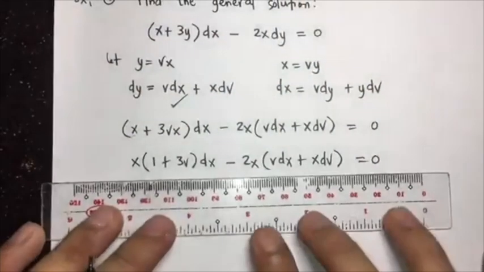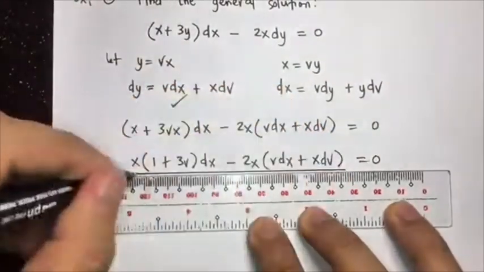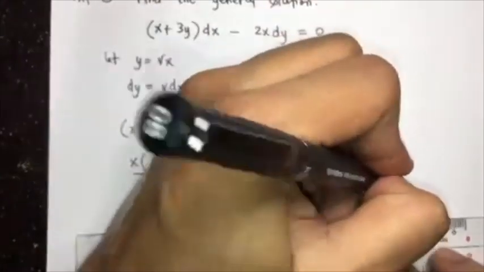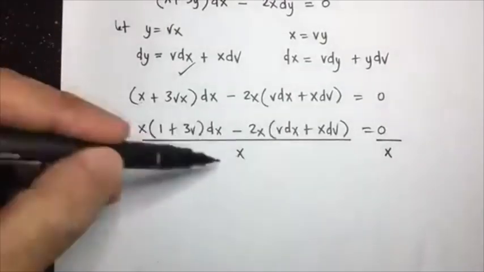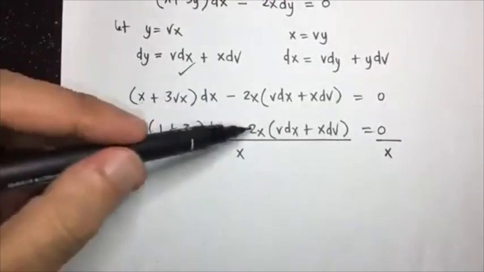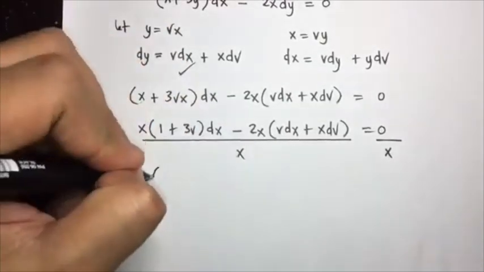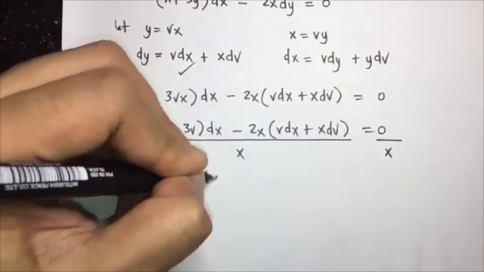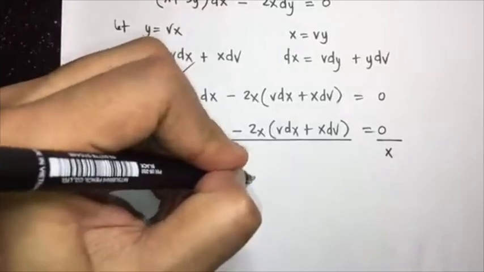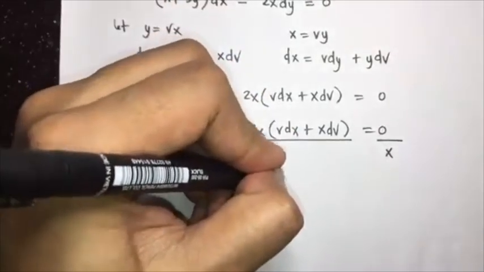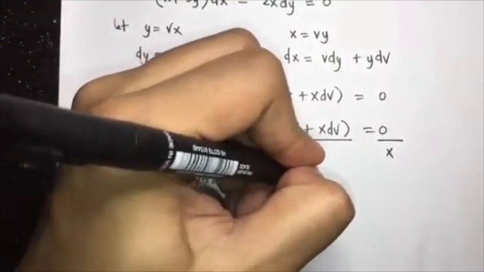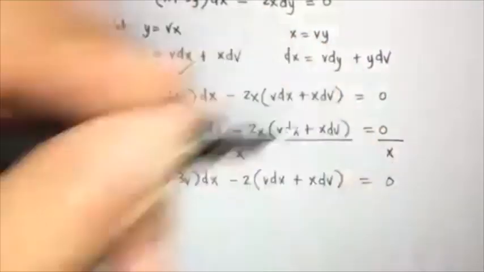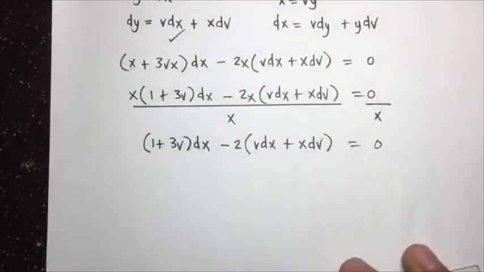If we divide both sides of the equation by x, then x for the first and second term should cancel out. So we have (1 + 3v) dx - 2(v dx + x dv) = 0.